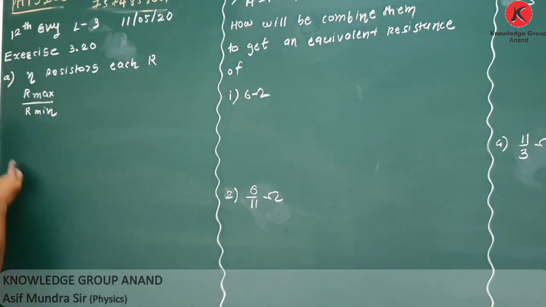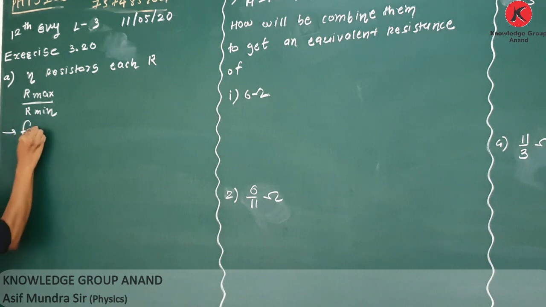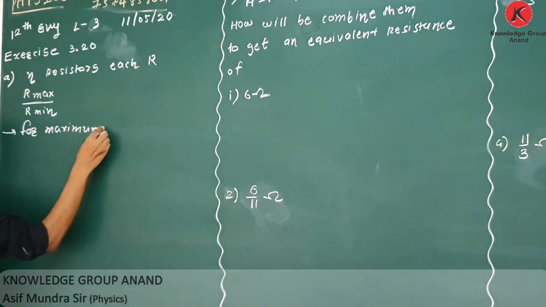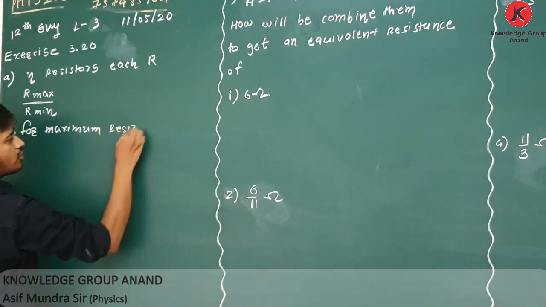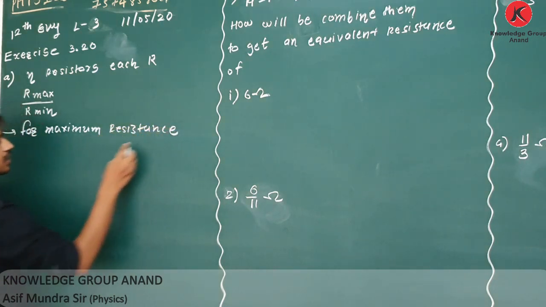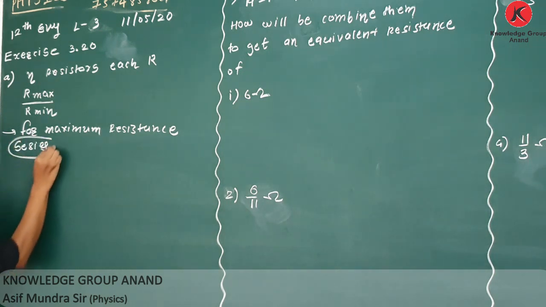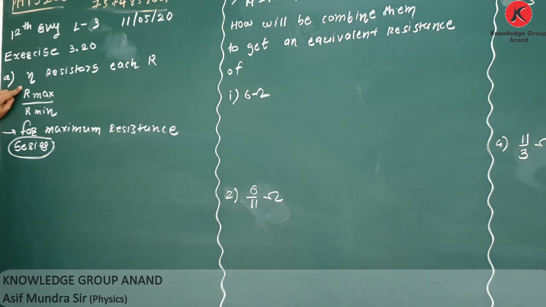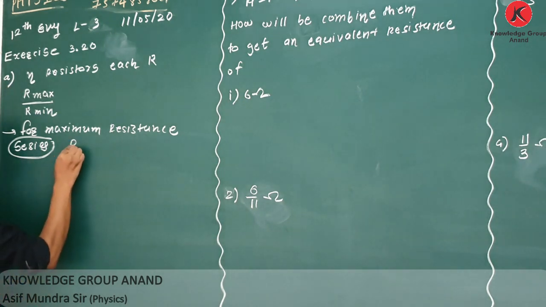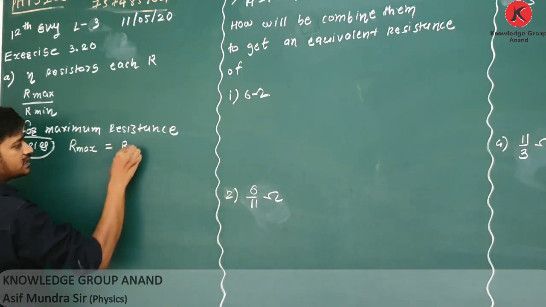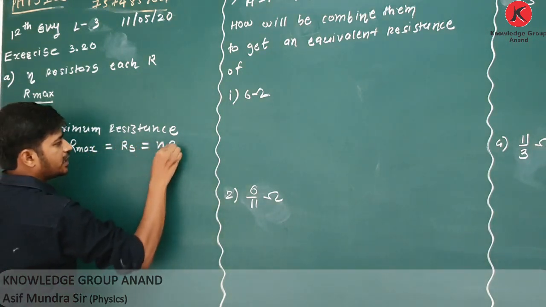So here, for maximum resistance, connect them in series. And you have n resistors, each of resistance R. Then you know that R maximum is equal to R series, that is equal to NR.